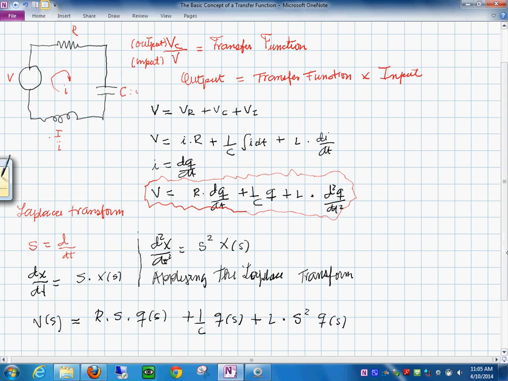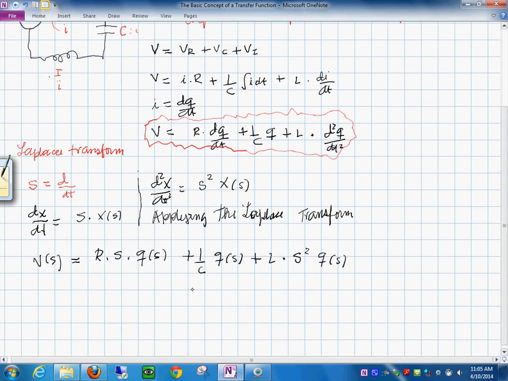So using this, it follows that you can write V of s is equal to R times s plus 1 over C plus L times s squared, both of these multiplied by Q of s.